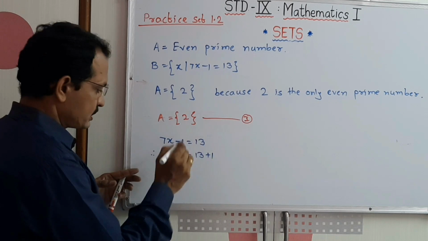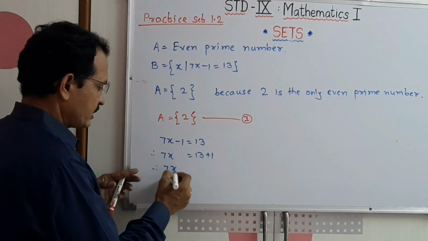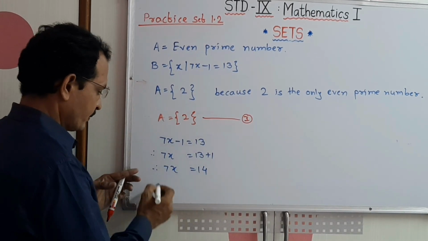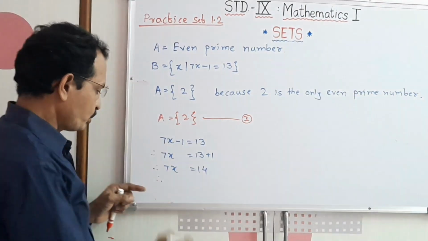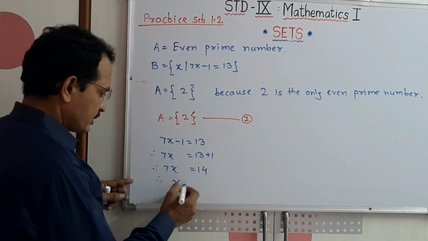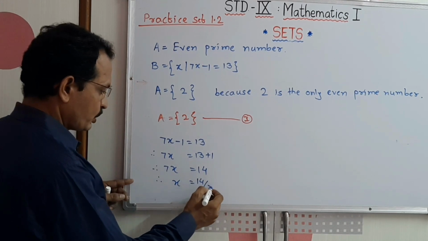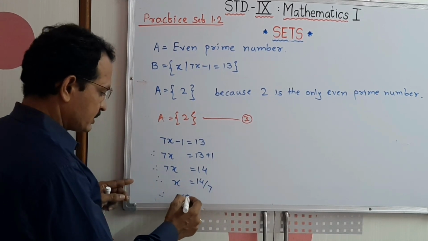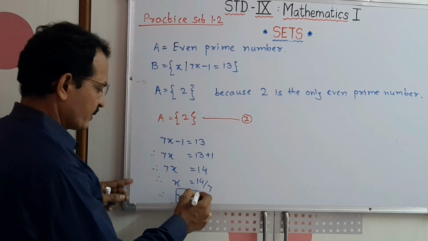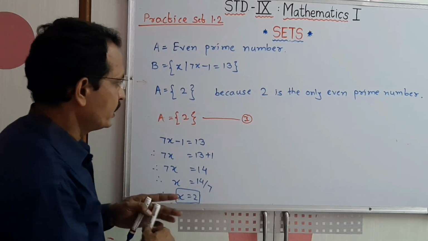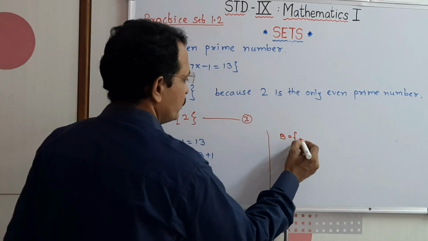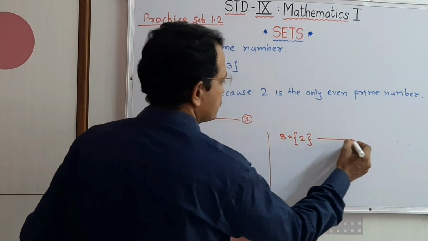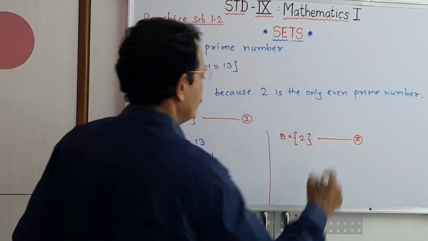Add 1 on both the sides. Therefore, 7x is equal to 14. Divide by 7 on both sides. Here x is equal to 14 upon 7. Therefore, x is equal to 2. Therefore, we write here element of set B is equal to 2, and this is our statement number 2.